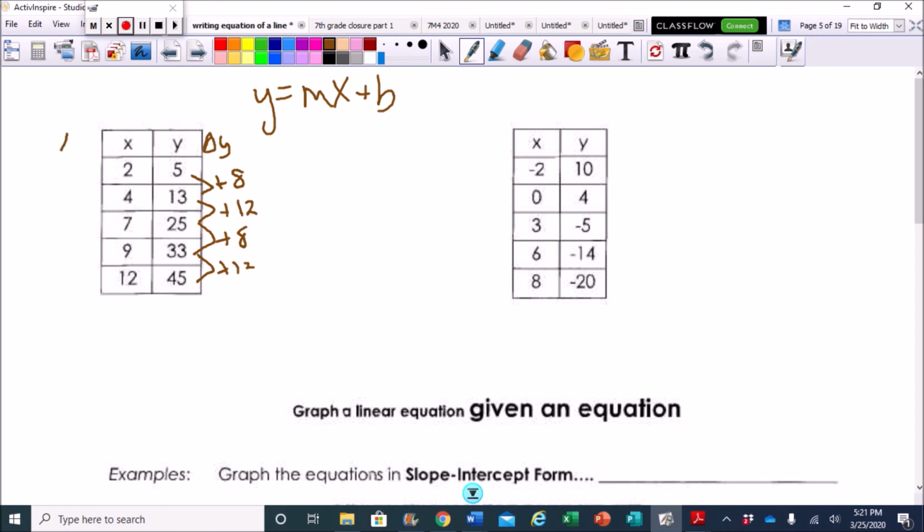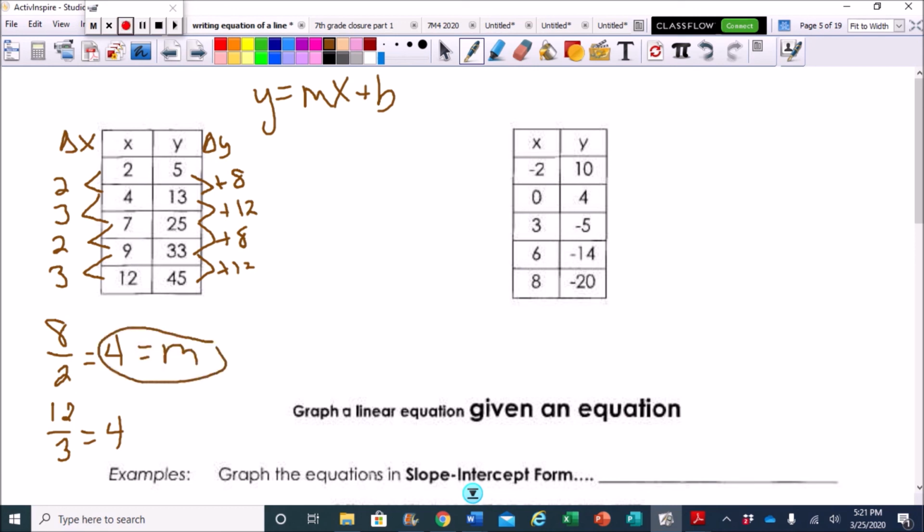My delta x is going up by 2, then up by 3, then up by 2, then up by 3. So my slope is 8 over 2, which is 4. And let's double check the 12 over 3. That also equals 4. So that's my slope, my m.